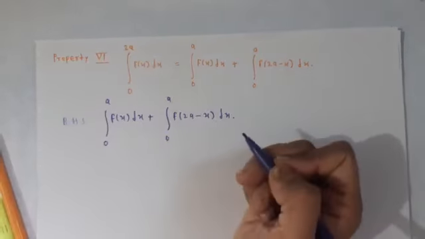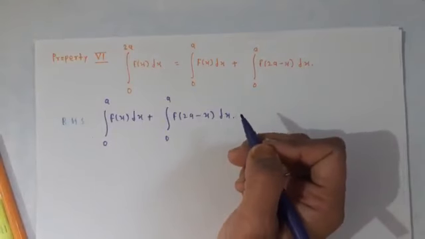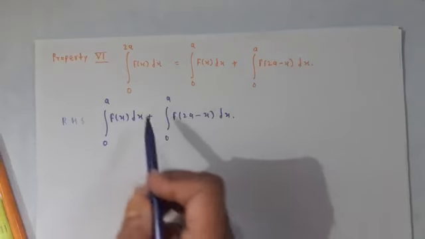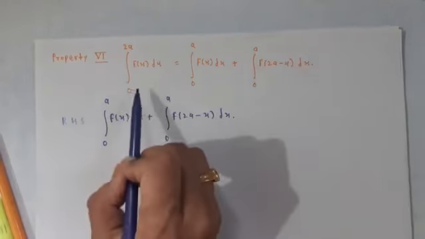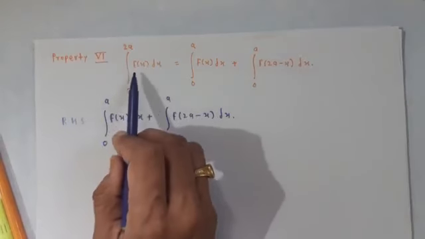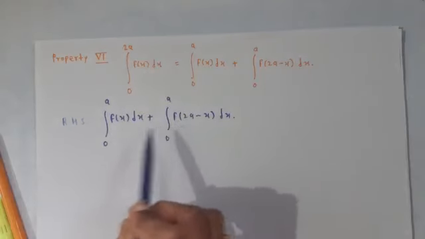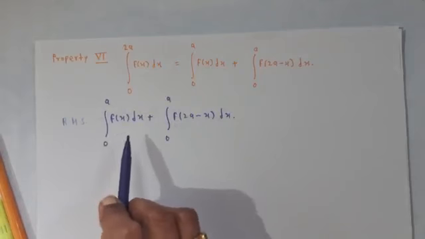This is the RHS. Now let us solve the RHS, and then we show that the RHS equals the LHS. So the LHS is the integration from 0 to 2a of f of x with respect to x, and these are the two terms in the integration of the RHS.